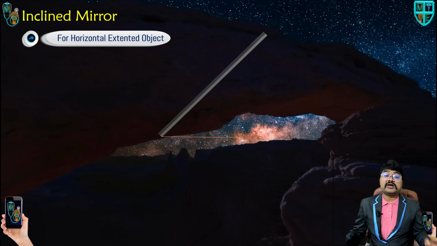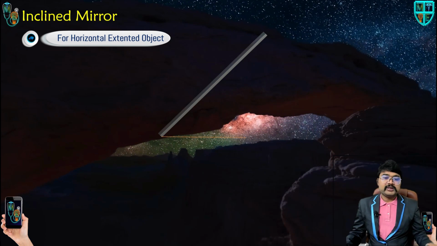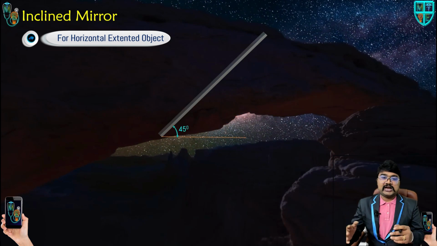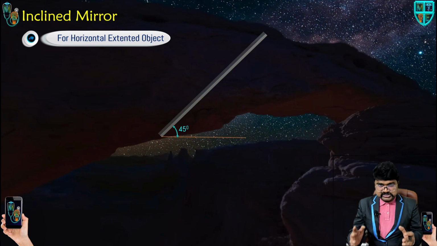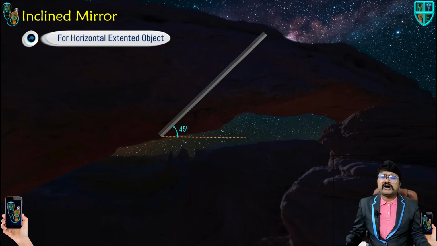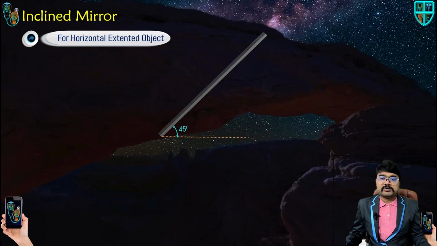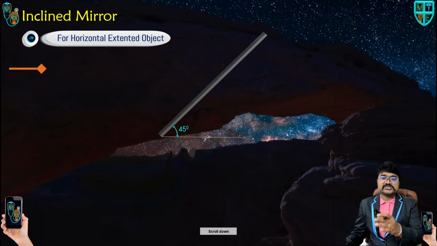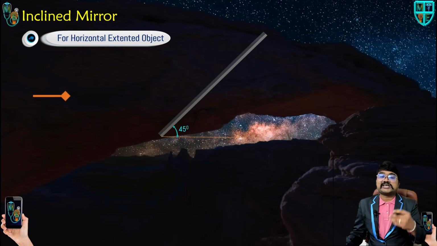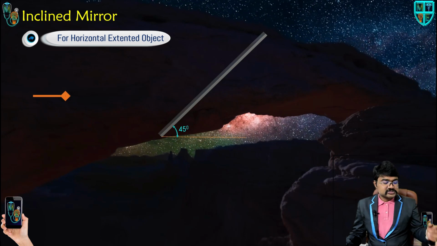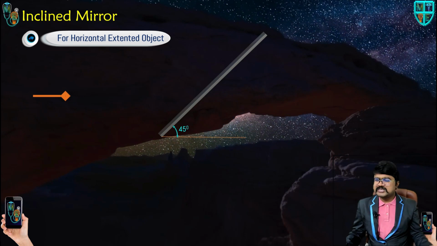Here the mirror is inclined. Mirror is inclined at 45 degrees with the horizontal. What kind of image will be formed for the horizontal extended object? So for that, what we need to do? Same procedure.